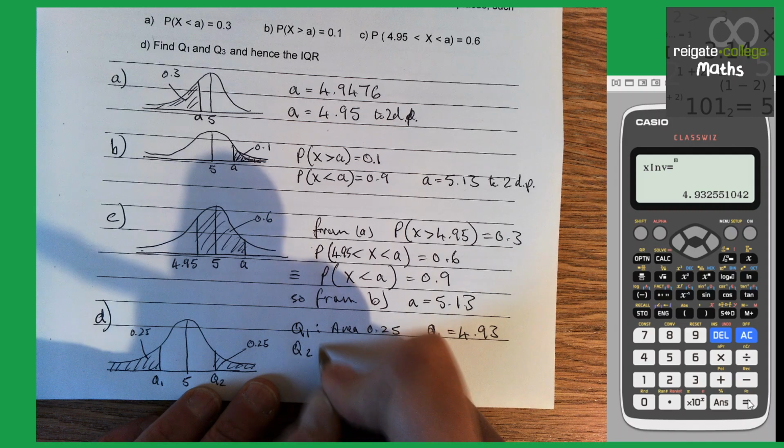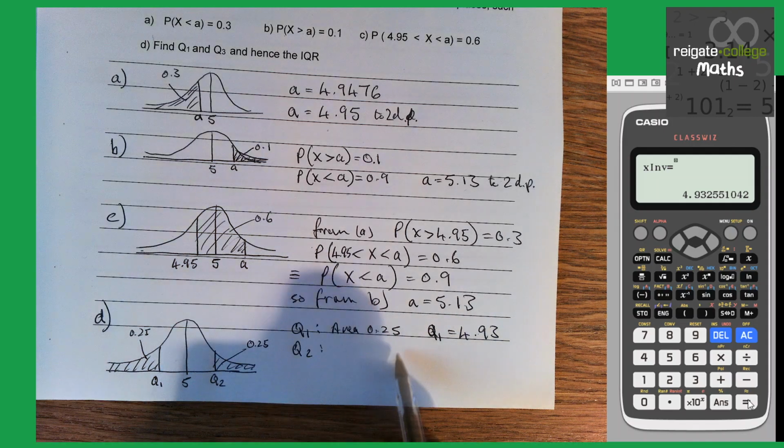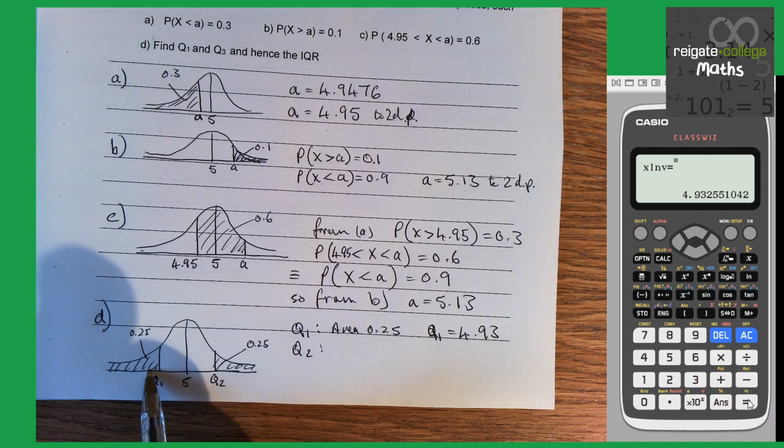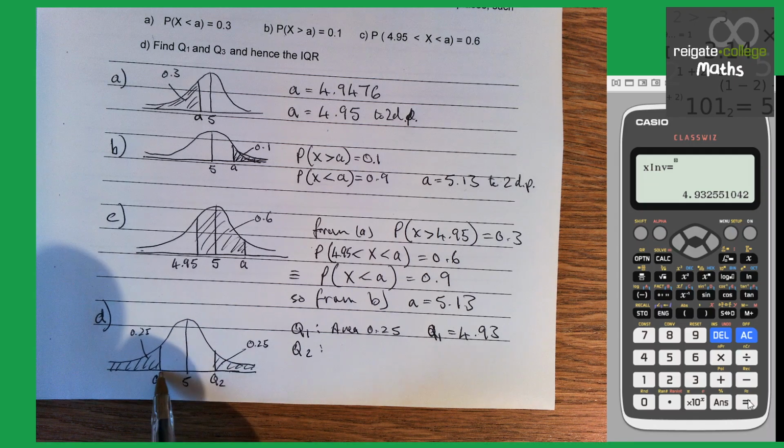For the upper quartile, we could look up area 0.75, or we could say to ourselves, well, this is symmetrical, and the median and the mode are all in the same place for a normal distribution. So the upper quartile must be the same distance above the mean as Q1 is below the mean.